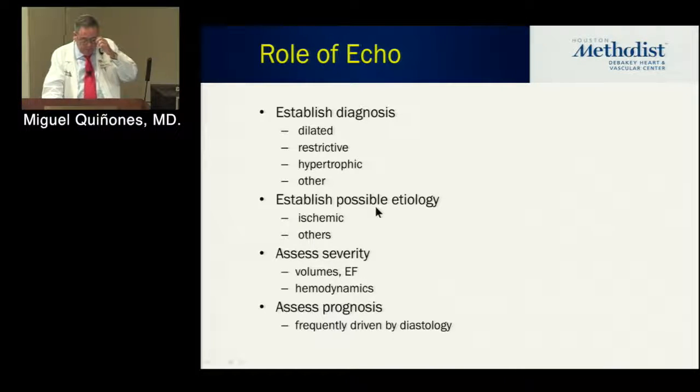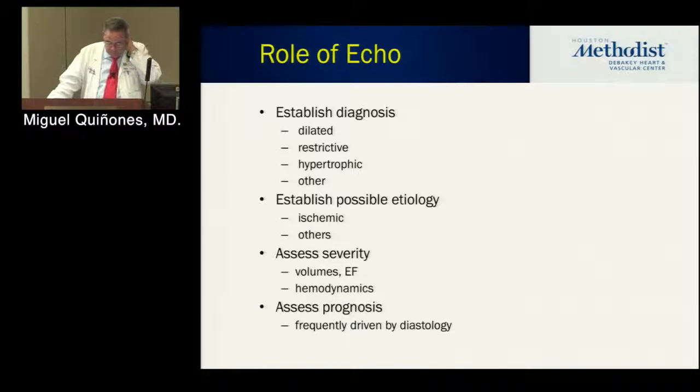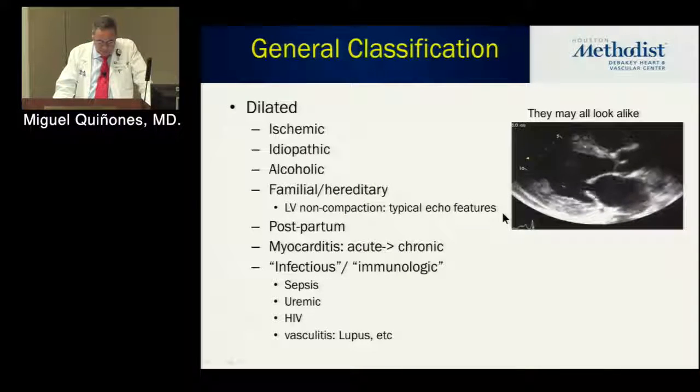So the most important thing with echo, of course, is we assess the severity of the entity in terms of EF and in terms of diastolic dysfunction, in terms of PA pressures, cardiac output, all the hemodynamics, and try to give indices for prognosis. But when we talk about dilated cardiomyopathies, frequently they all look alike.